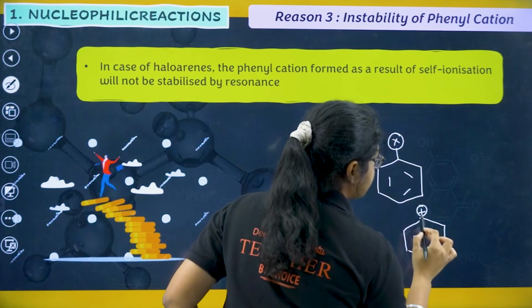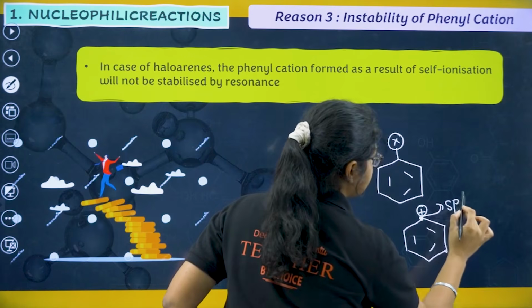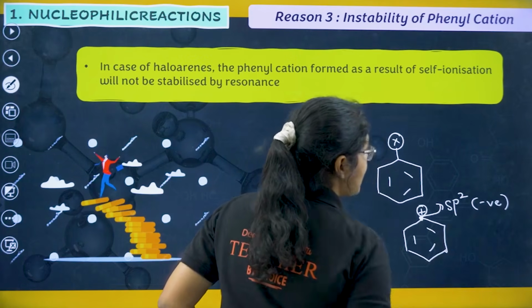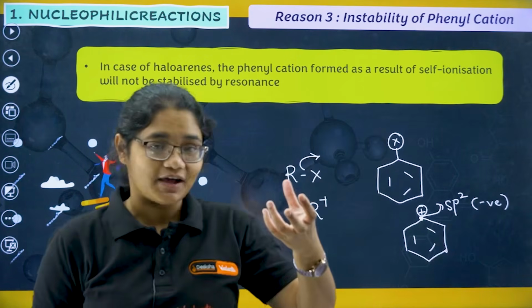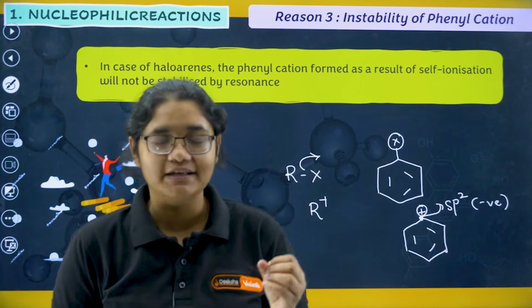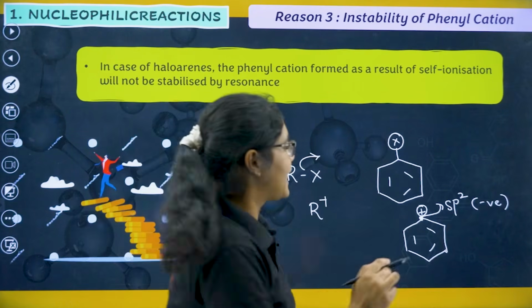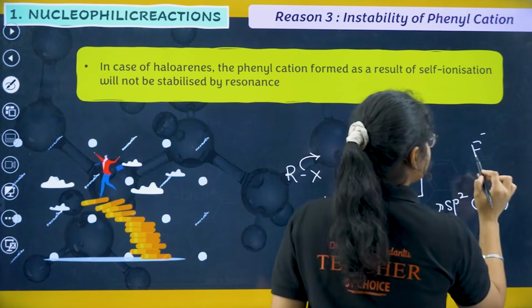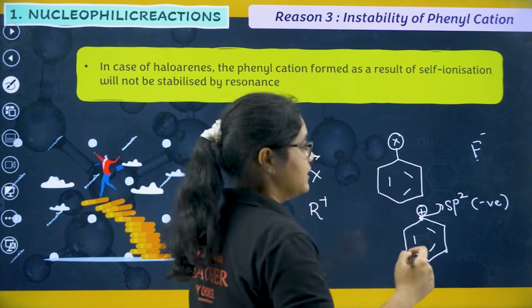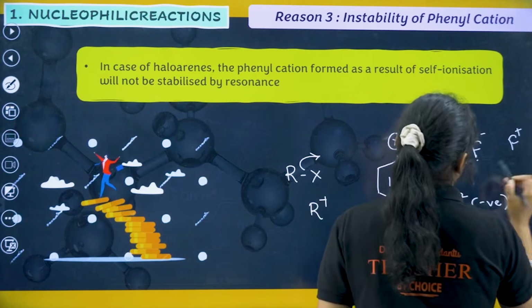Now this carbon is sp2 hybridized, so it is electronegative, and always remember, positive charge on an electronegative atom is highly unstable. Negative charge on an electronegative atom, like F minus, is very stable, but F plus is very unstable.